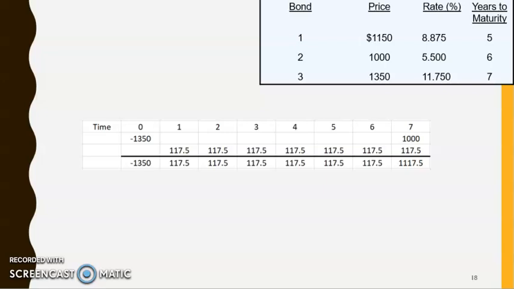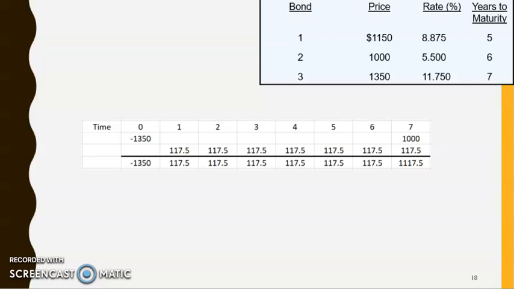Here you have minus 1350 as the first deposit, as the market value of the bond that you pay now. After 1 year, you start getting the interest.